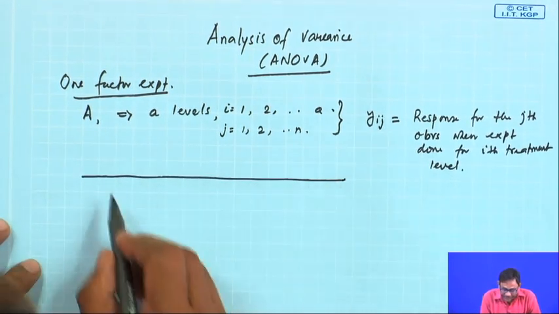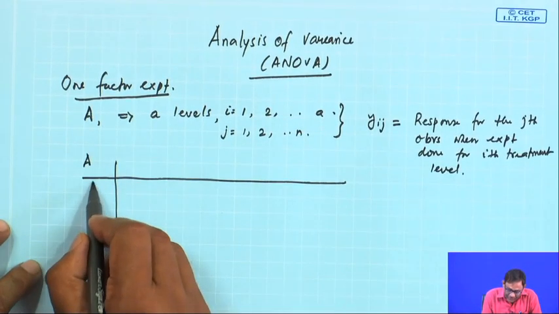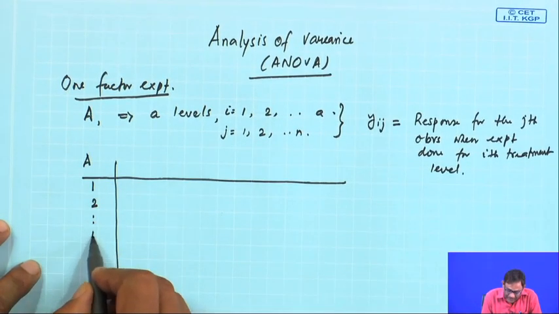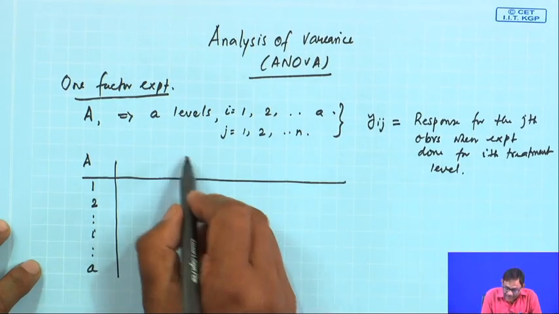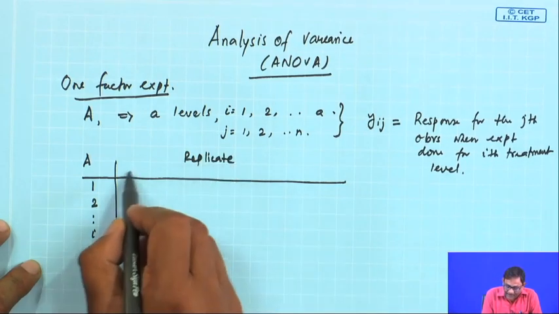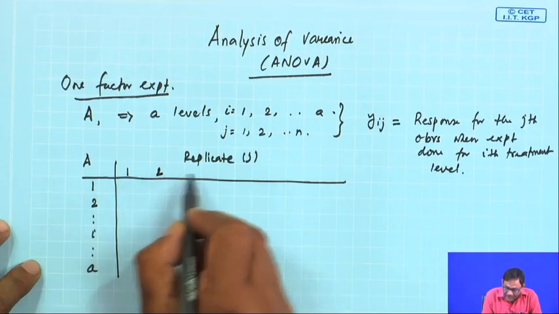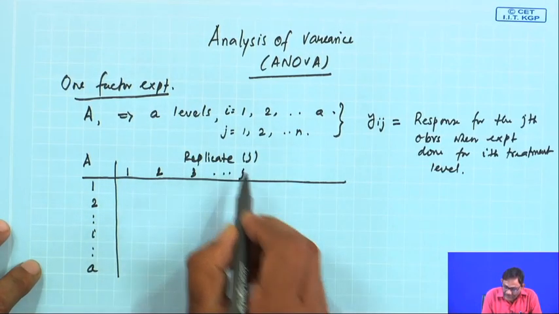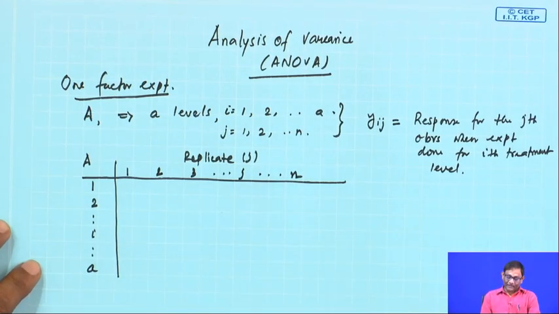What I mean to say is, your factor A has level 1, level 2, up to level i, similarly up to level a, and the replicates are denoted by j equal to 1, 2, 3, up to n.